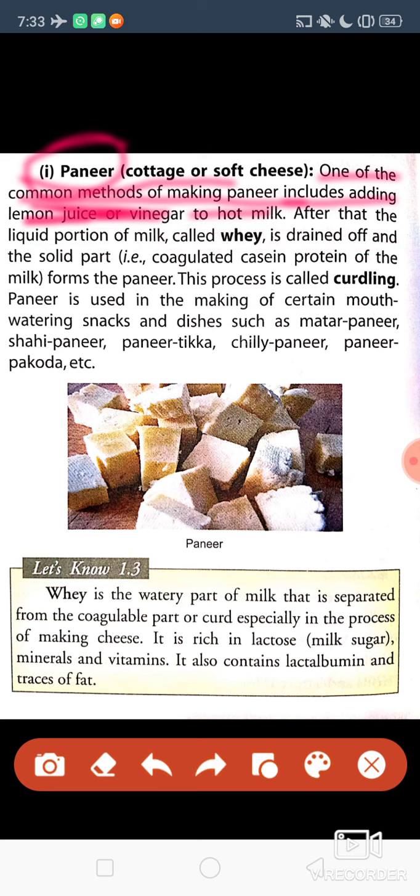The solid part is called coagulated casein protein of the milk, and the liquid part is called what? Whey. This way the solid part is separated, and we press that solid part hard, and then paneer is prepared.